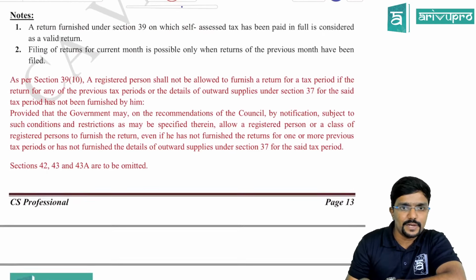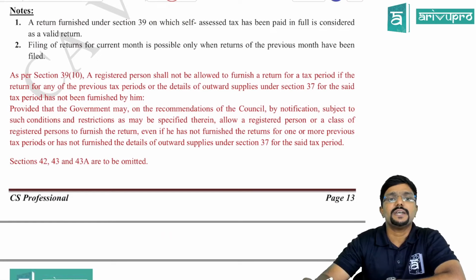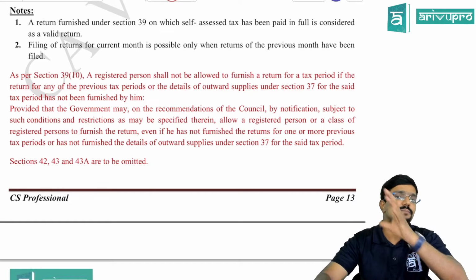Then there is also a point here. As per section 39 subsection 10, a registered person shall not be allowed to furnish a return for a tax period if a return for any of the previous tax periods or the details of outward supply under section 37 for the said tax period has not been furnished by him. Simple, guys.